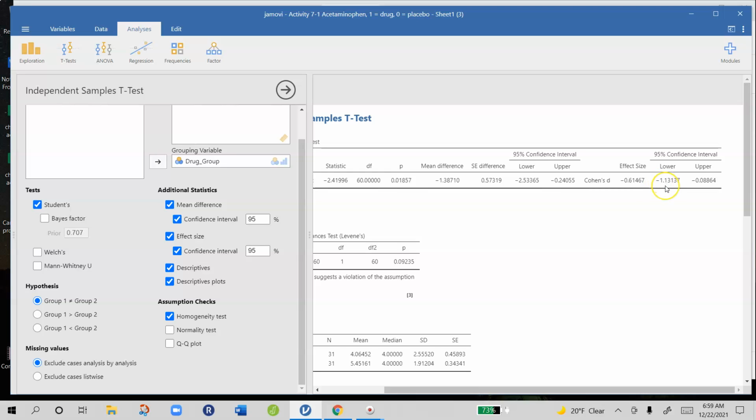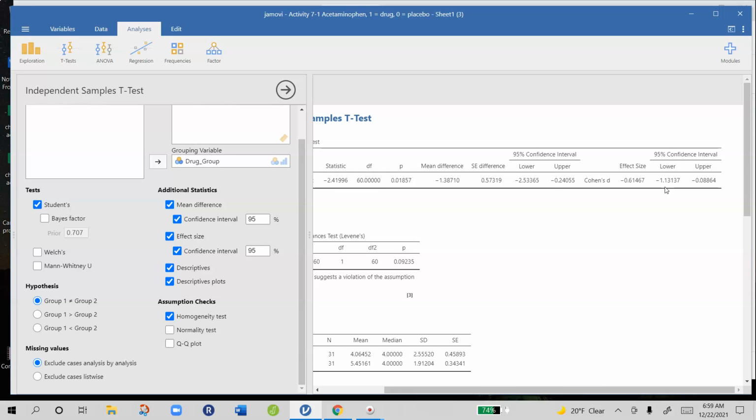Okay. Now, our 95% confidence interval shows us that we can be 95% sure that the true effect size in the population is somewhere between negative 1.13 and negative 0.09, which is somewhere between nothing and very large.